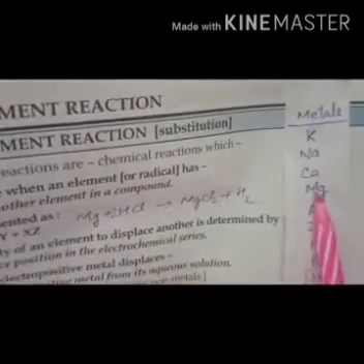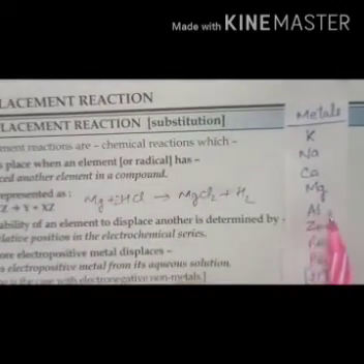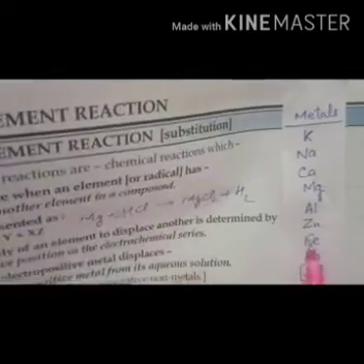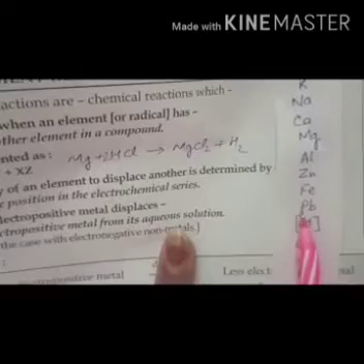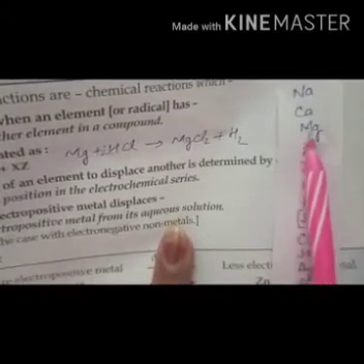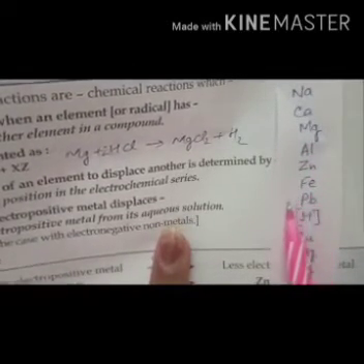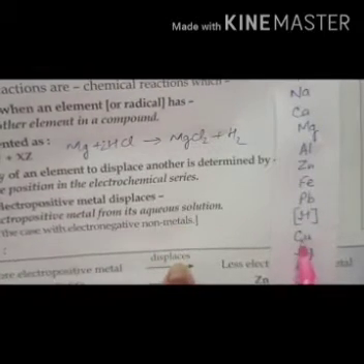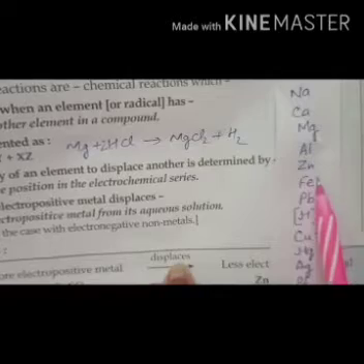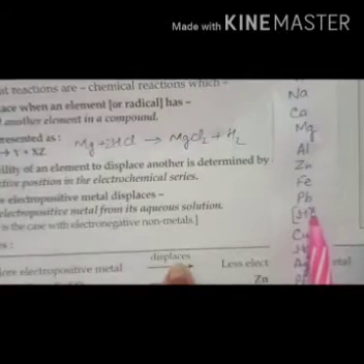In the same way magnesium can displace aluminum from its salt, zinc can displace iron from its salt, or iron can displace lead from its salt, or zinc, magnesium, aluminum, iron can displace copper from its salt, because the position of copper is below these active metals, right?